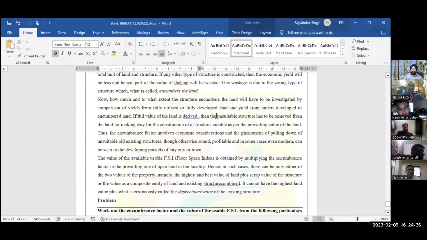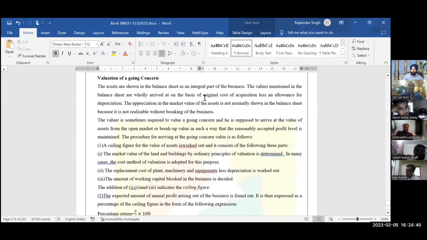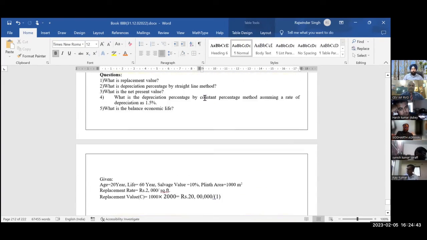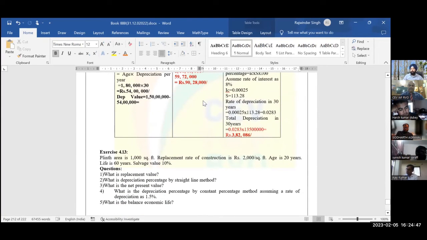So this was all about this cost approach method. And our next topic is market approach method. So in market approach method, what you will be doing?